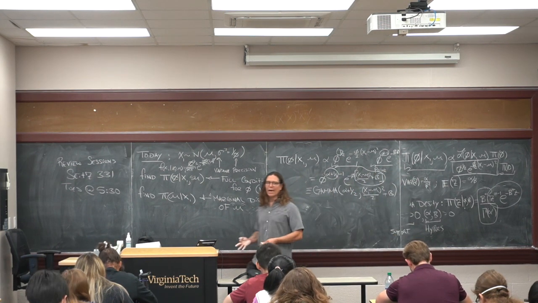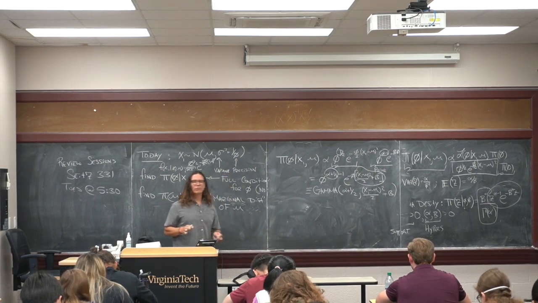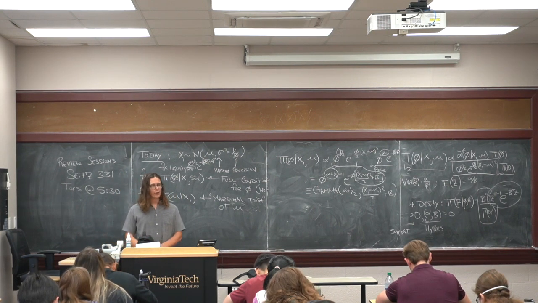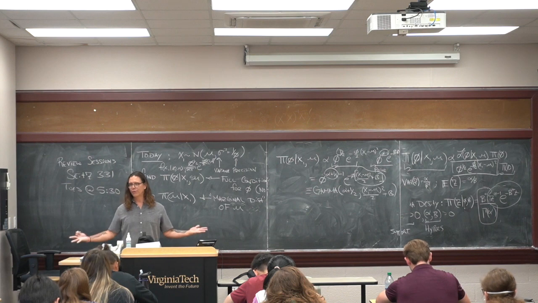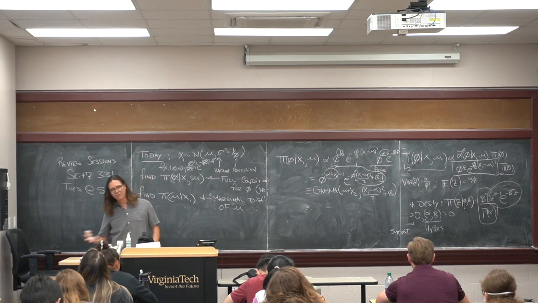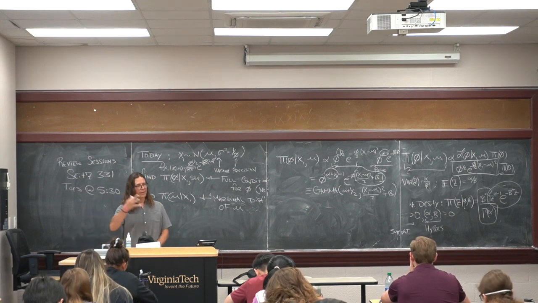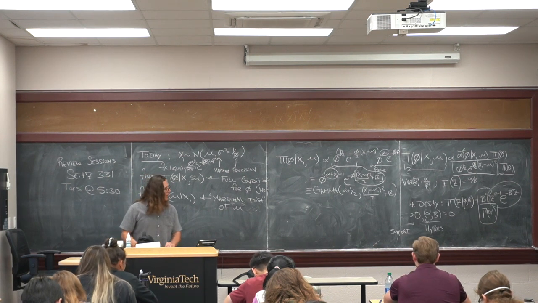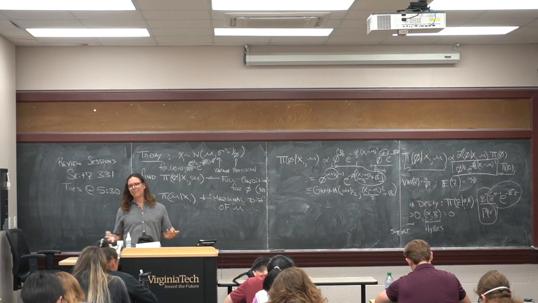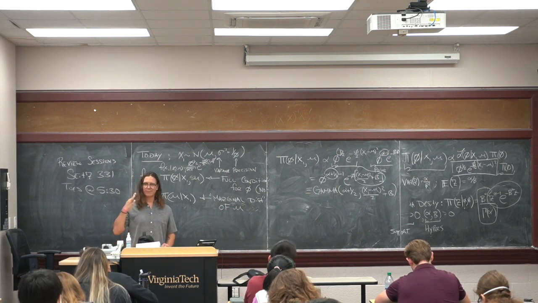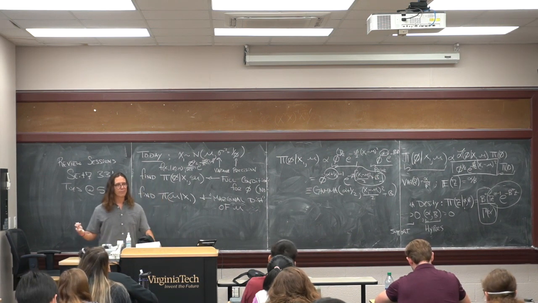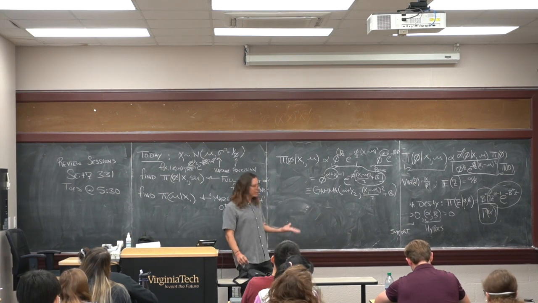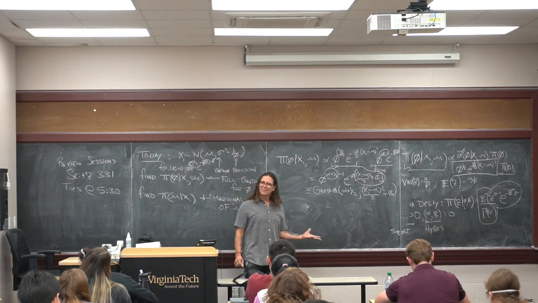Let's do a sanity check to see if this answer makes any sense. I can't think about a lot of parameters. I know that the second moment has something to do with diffusion. I know that the third moment has something to do with the kurtosis and the skewness, and so on and so forth. But I can at least think about the mean because it lives in the same space I'm used to thinking about. So I like to calculate the mean and see, does that make any sense?